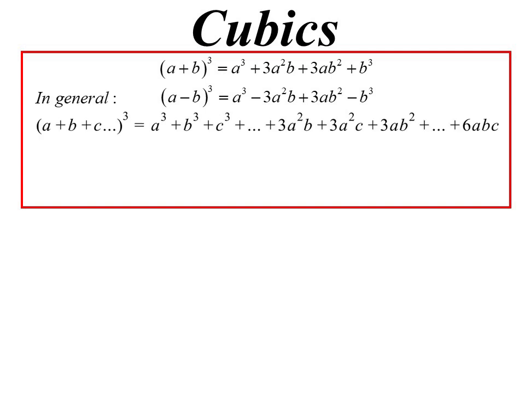And to generalise that one, okay, you'll have every individual term cubed. You'll have 3 times every possibility that when you take one of the pronumerals out twice and another one out once. So we've got a squared b and a squared c and ab squared and so on and so on and so on.